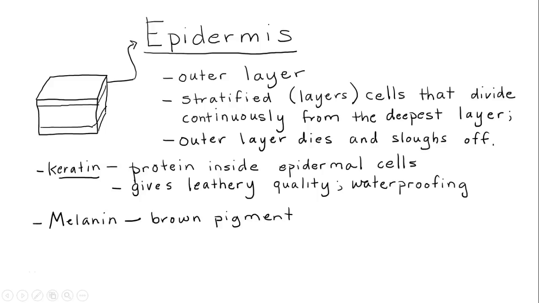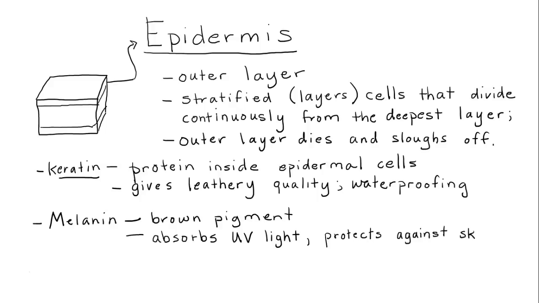This is a protective pigment, because it absorbs UV light and protects skin against skin cancer. The more melanin a person has, the more protected they are against skin cancer. People who have very fair skin have to be concerned about staying out in the sun for too long.